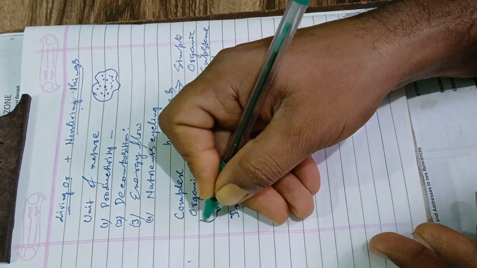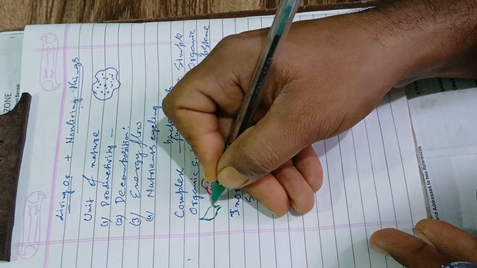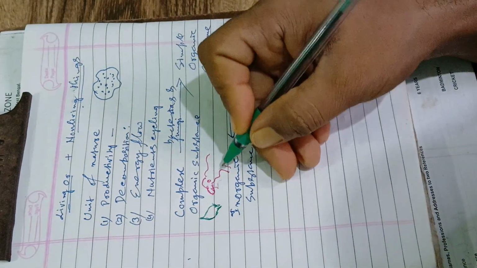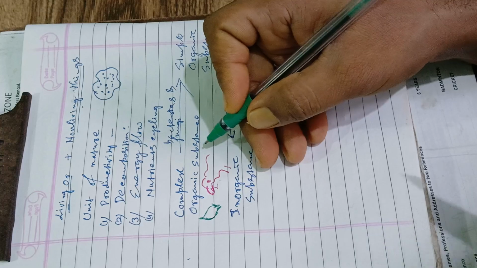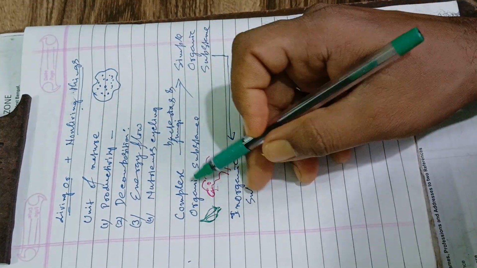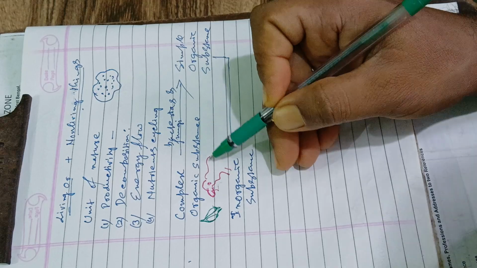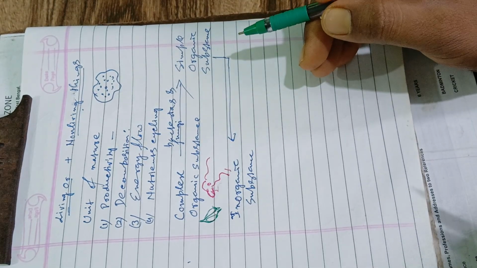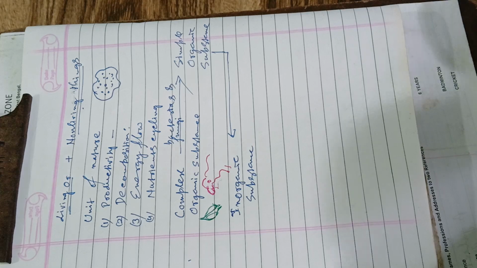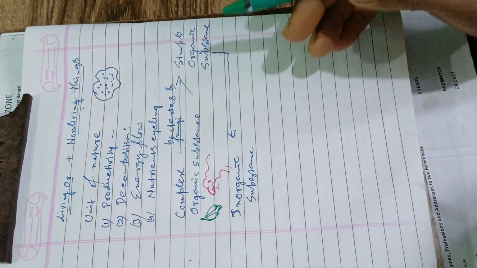So when these dead leaves are present in the soil, from the soil or from the environment, microorganisms act on the dead materials, and in this dead organic material there are complex materials like carbohydrate, protein, fat, DNA, RNA, those are the complex organic substances.